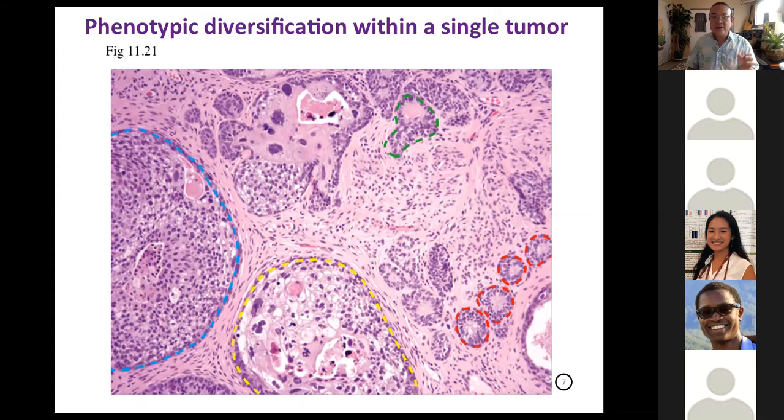Keep in mind, the implication here is that all of these cells originated sometime in the past, years and years ago, from one single cell that got that first initiating hit. But through many years of random mutations, you result in a full-blown aggressive tumor like this that's made up of many different phenotypic features.